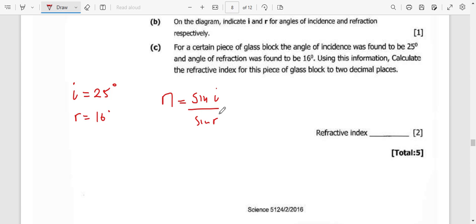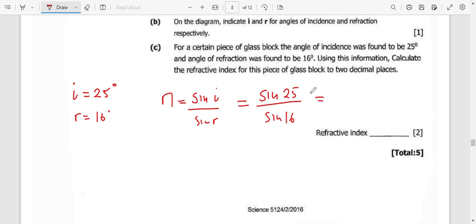We've already been given the angles, so we just substitute those. So this is going to give us sine 25 degrees divided by sine 16 degrees. We'll just punch this on the calculator.